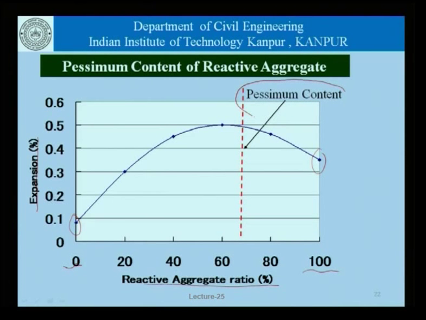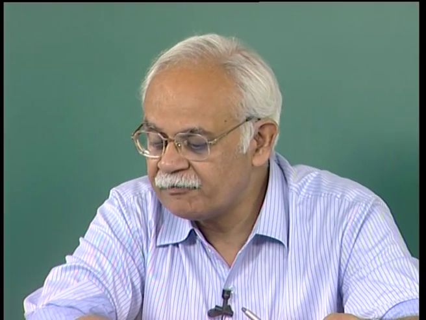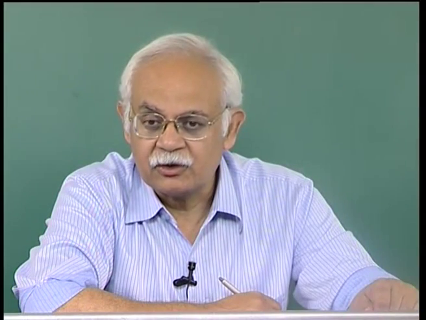we get what is called a pessimum content. The pessimum is the opposite of optimum, because that is something which we do not really want. The pessimum content is the content of reactive aggregates where the expansion is maximum, where we get even more expansion than what we would get if the reactive aggregates were to be used only.